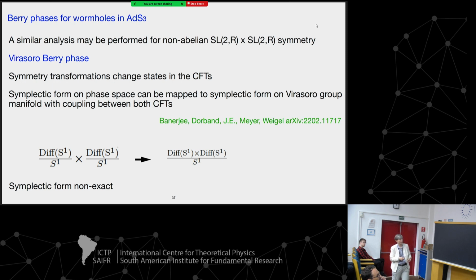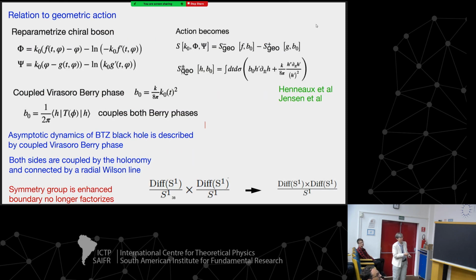And again, in the context of all these geometric objects that I was telling you, that means you can write a geometric action in the sense of these co-adjoint orbits that I introduced before, one for the left-hand side and one for the right-hand side.